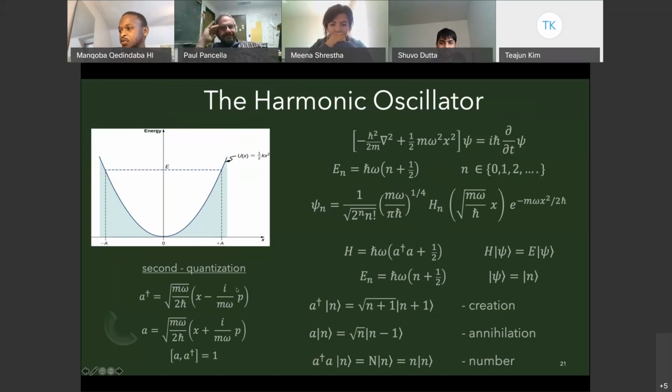You define new operators, A dagger and A, and they satisfy some commutation relation. And now what you have done is transformed your Hamiltonian, from being in terms of your P and X, momentum and position, to now being in terms of A and A dagger.